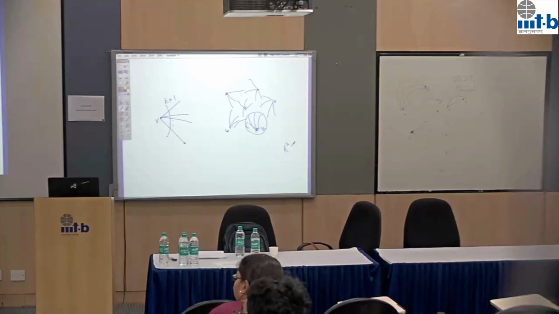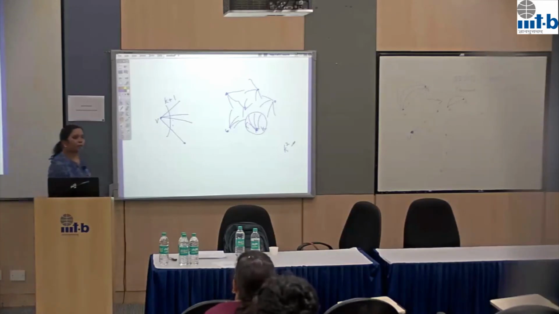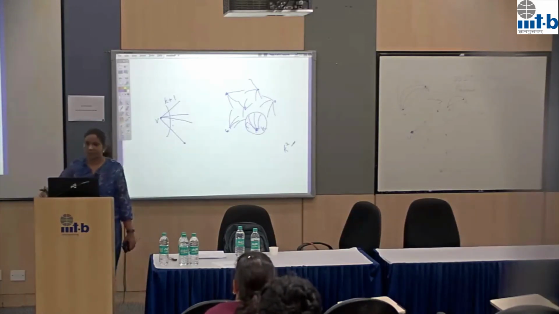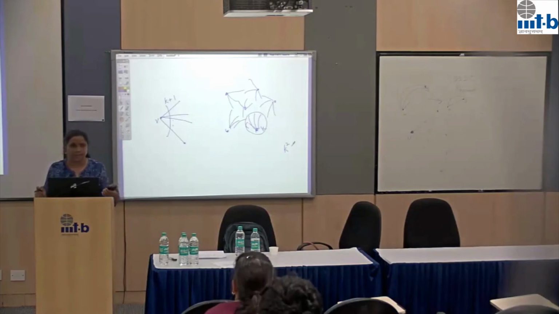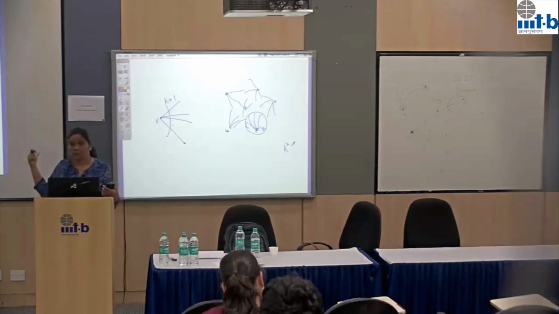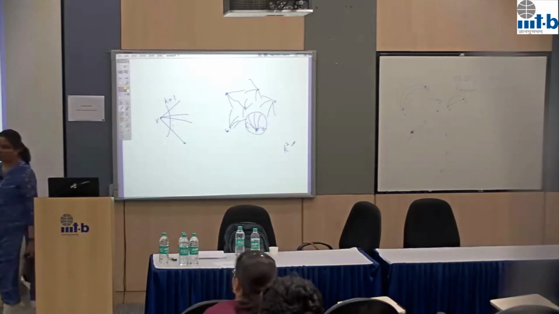Every vertex in the vertex cover can cover k edges, and there are k vertices in the vertex cover, so there are at most k square edges. So we have bounded the number of edges by a function of k.